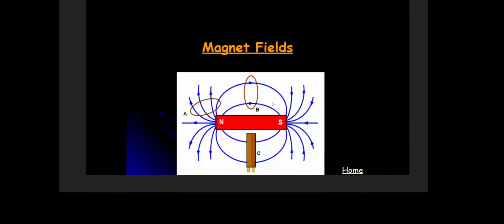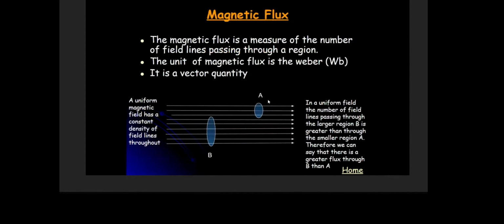All right, so the first term that we're going to be introduced to is magnetic flux. Now, the magnetic flux is basically the measure of the number of field lines that pass through a specific region.